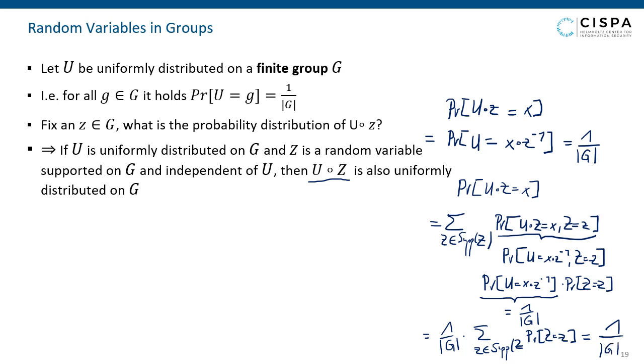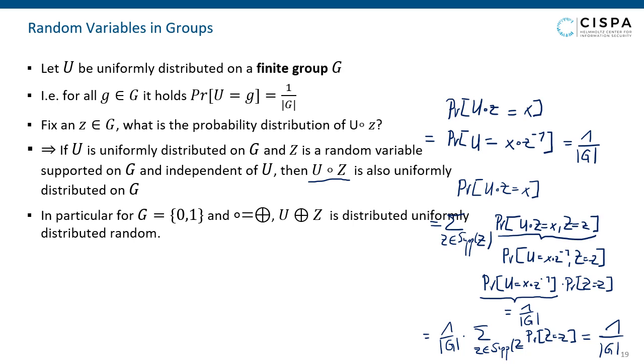And we obtain that U times Z is again a uniform distribution. So when we take any random variable Z and multiply it with a uniformly random group element U, which is independent of Z, we get a uniform distribution.